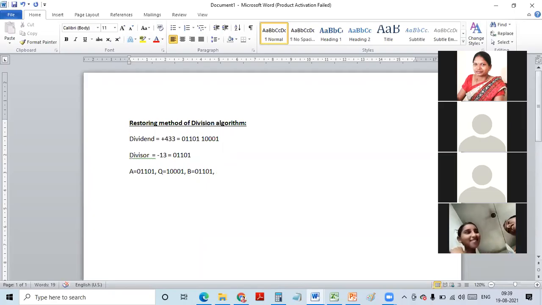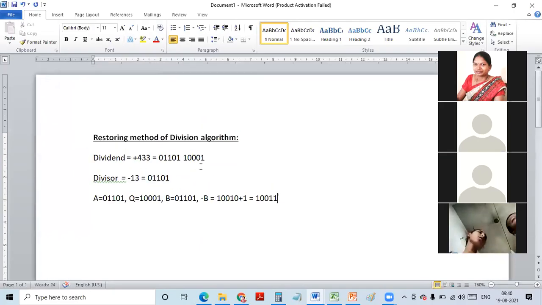Every time in your algorithm you may require to perform subtraction of B from A. So I require the 2's complement of B also. So I am calculating minus B, which is nothing but the 1's complement and then add 1, which is equal to 1, 0, 0, 1, 1. This is minus B.